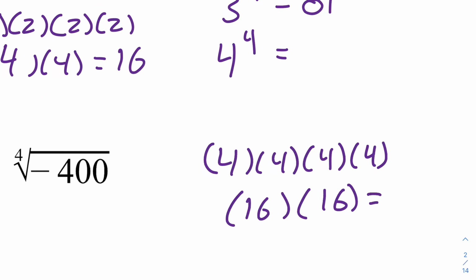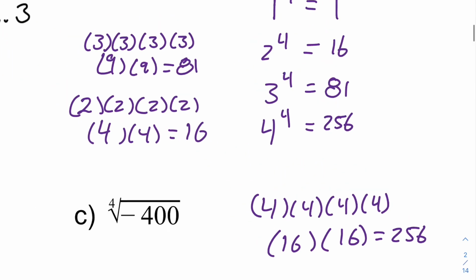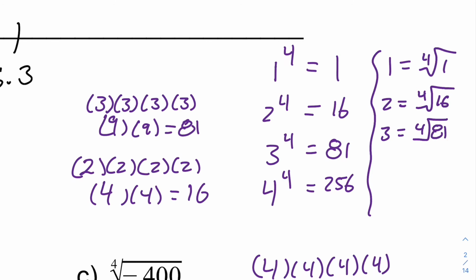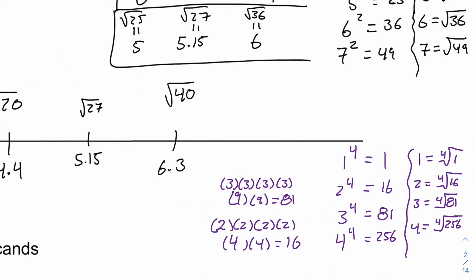So 16 times 16, that equals 256. Okay, and now we can represent this in roots. So fourth roots: 1 equals the fourth root of 1, 2 equals the fourth root of 16, 3 equals the fourth root of 81, and 4 equals the fourth root of 256.